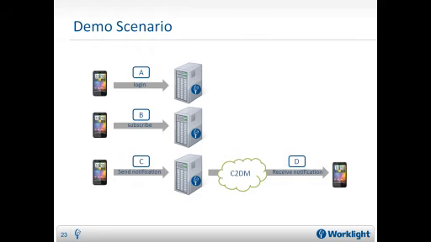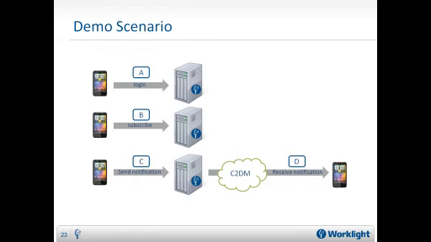And the demo actually consists of 4 steps. First, we will log in from the demo app to the Worklight server. Secondly, we will subscribe from the app to an event source exposed by an adapter in the Worklight server. Then we will send a real notification to the Worklight server and push it over Google C2DM to an app.